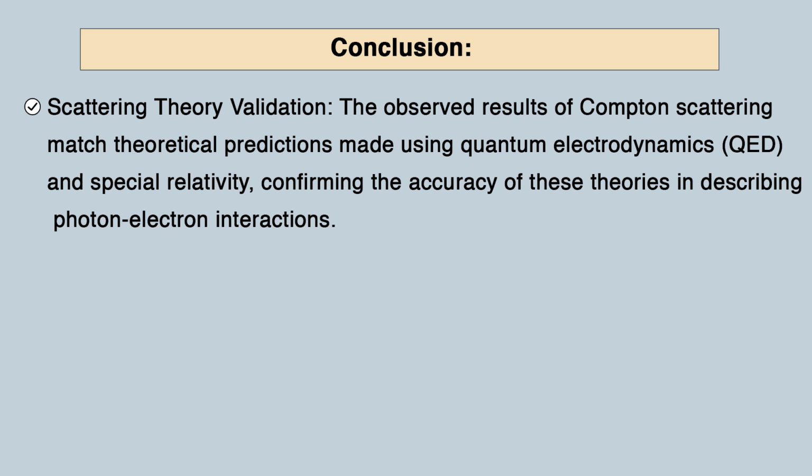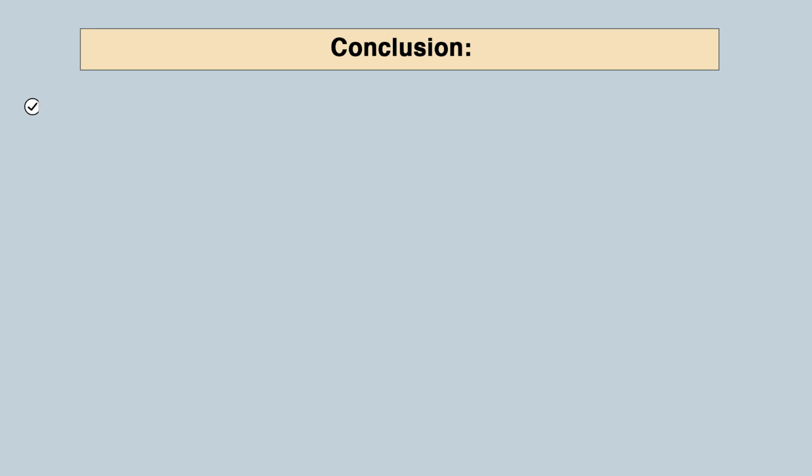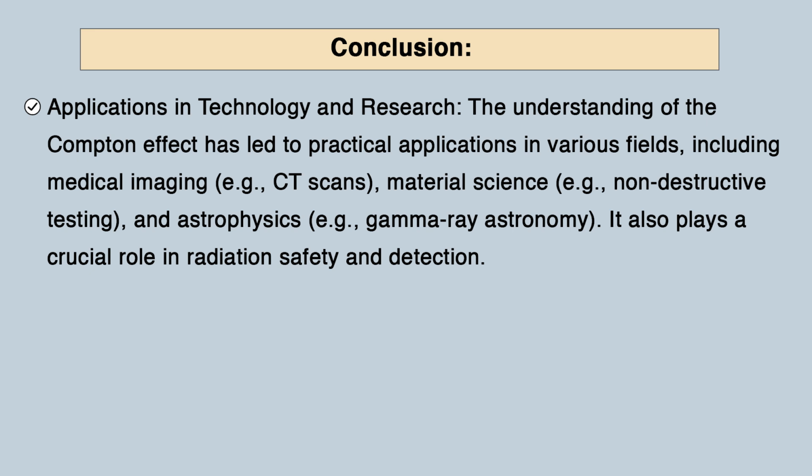Fourth point is scattering theory validation. The observed results of Compton scattering match theoretical predictions made using quantum electrodynamics and special relativity, confirming the accuracy of these theories in describing photon-electron interaction. Fifth point is application in technology and research.